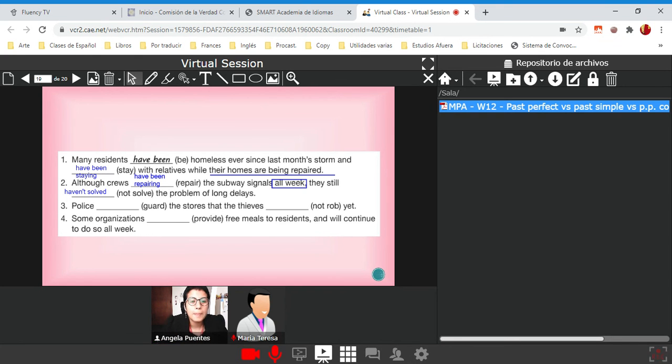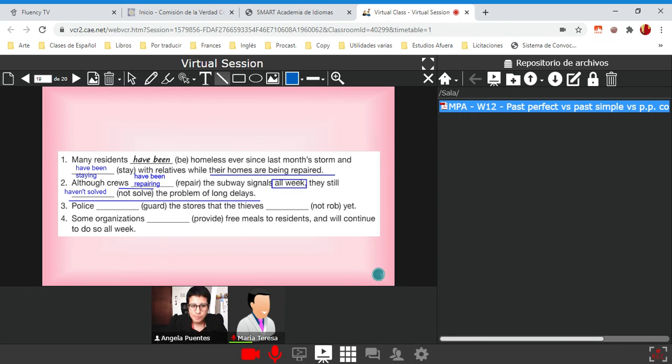You see? Ok, porque yo lo había visto como que ya lo habían reparado, pero entonces no me fijé en el all week. Ajá, y no solo eso, porque si lo repararon, no puede ser en toda la semana. Exacto. No solo eso, sino que también, mira acá, not solved, no lo han resuelto. No han resuelto el problema de los delays.